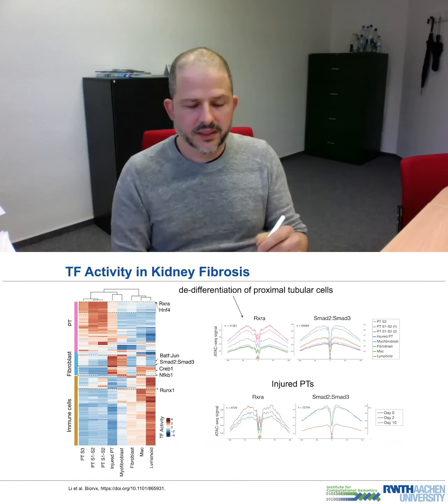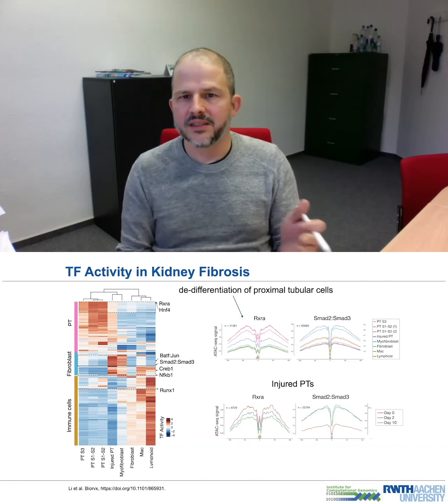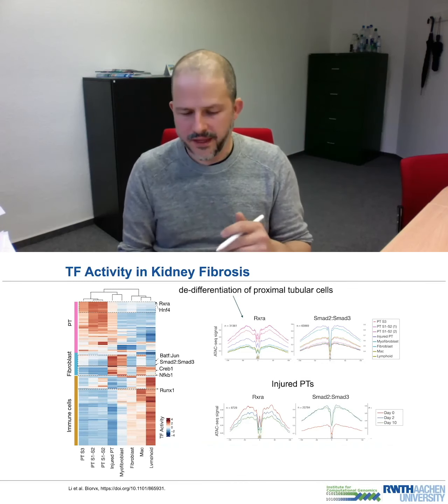So this kind of indicated that these injured PT, so proximal tubular cells, de-differentiate, or they lose their identity by having low activity of the factors which usually define proximal tubular cells.